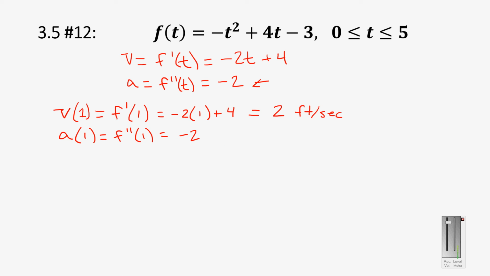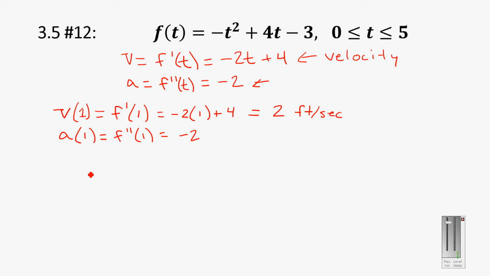And then finally, in part D here, determine the acceleration of the object when the velocity is 0. So we need to first determine when the velocity is 0. And the way we do that is we take the velocity and set it equal to 0. So this is our velocity function.